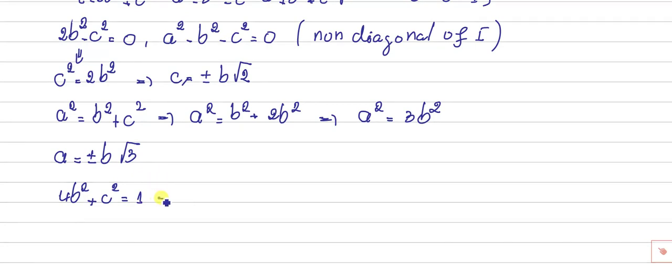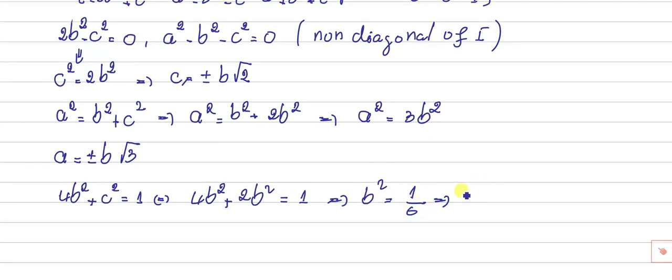So we got 4b square, c is equal to 2b square. 2b square is equal to 1. So we got b square equal to 1 over 6.